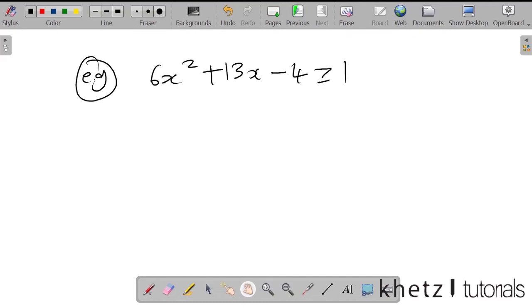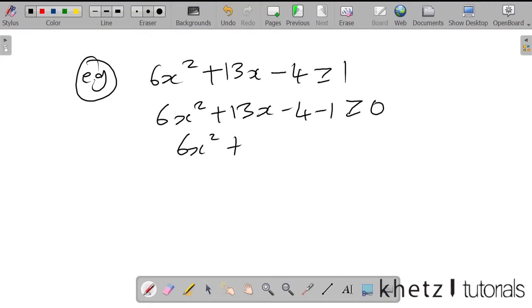So given this inequality here, it says 6x squared plus 13x subtract 4 greater than or equal to 1, right? So we are going to take this 1 to the left side of the equation. We're going to have 6x squared plus 13x subtract 4 subtract 1 greater than or equal to 0.